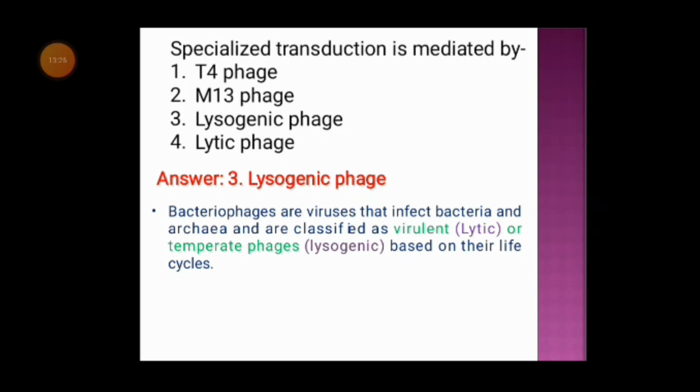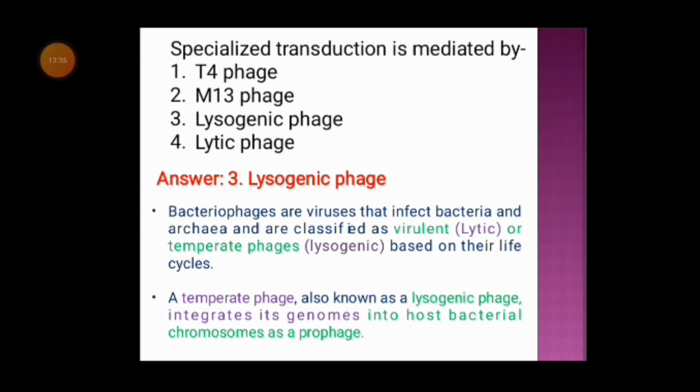These bacteriophages are viruses that infect bacteria and archaea and are classified as virulent, that is lytic, and temperate phages, that is lysogenic, based on their life cycle. This temperate phage, also known as lysogenic phage, integrates its genome into the host bacterial chromosome as a prophage.